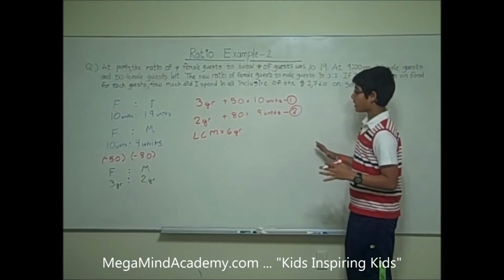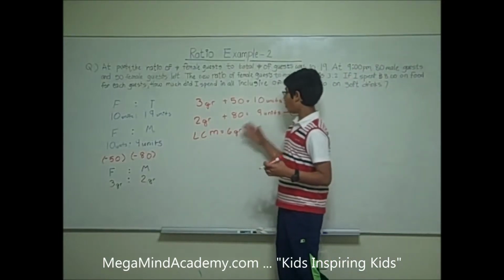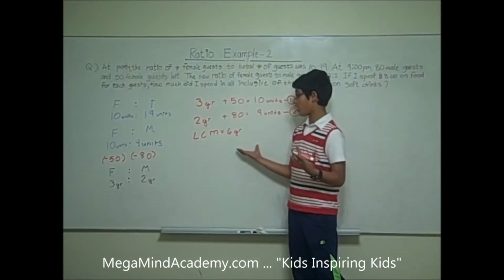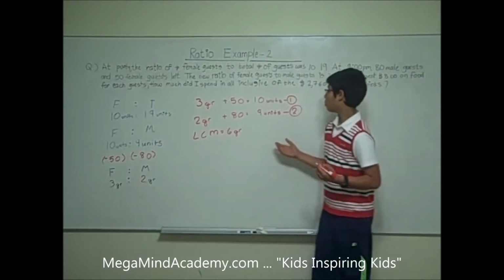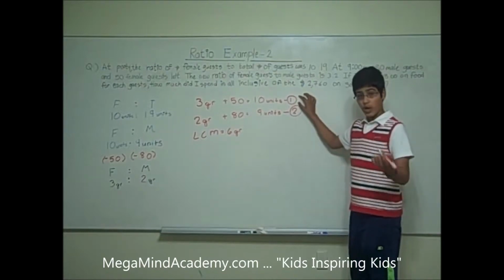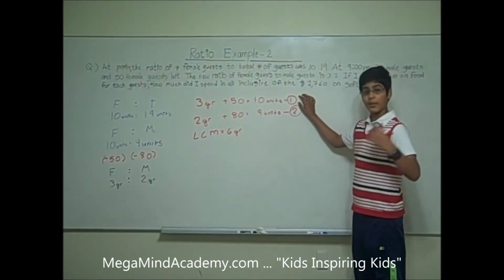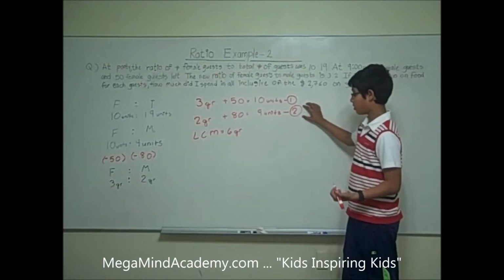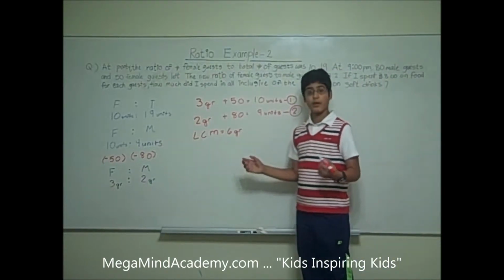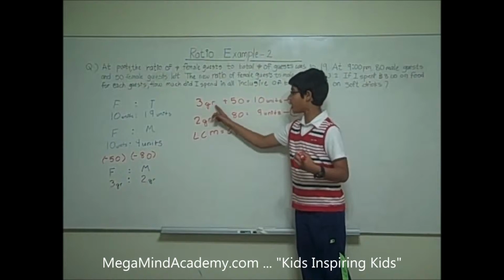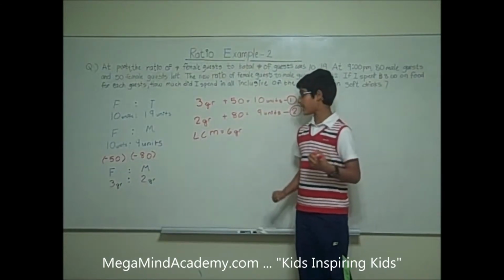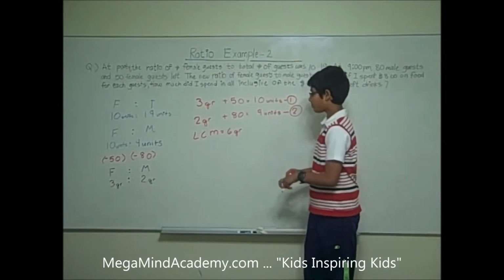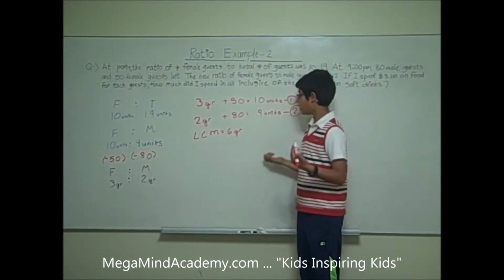Now, to get both these equations 1 and 2 to have 6GR, we need to multiply equation 1 with the number 2, and we need to multiply equation 2 with the number 3, because 3GR times 2 is 6 and 2GR times 3 is 6. So, let's do this.